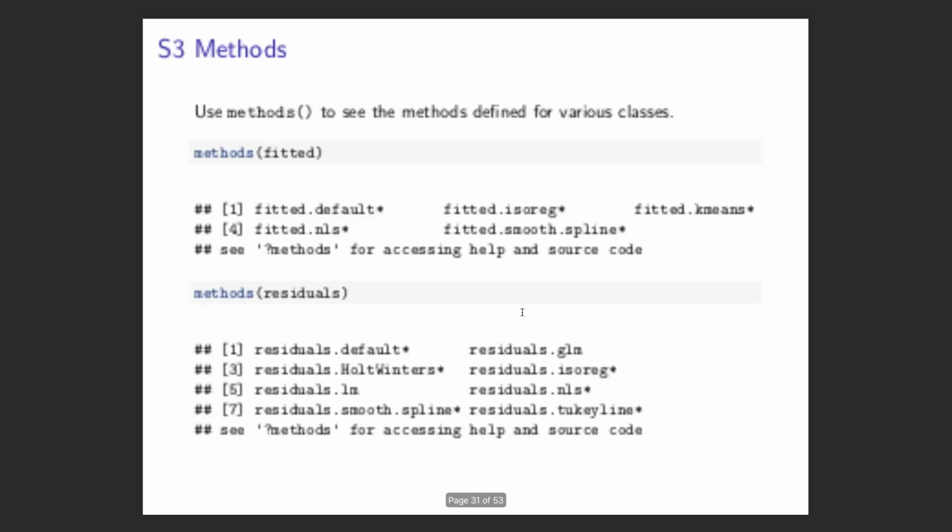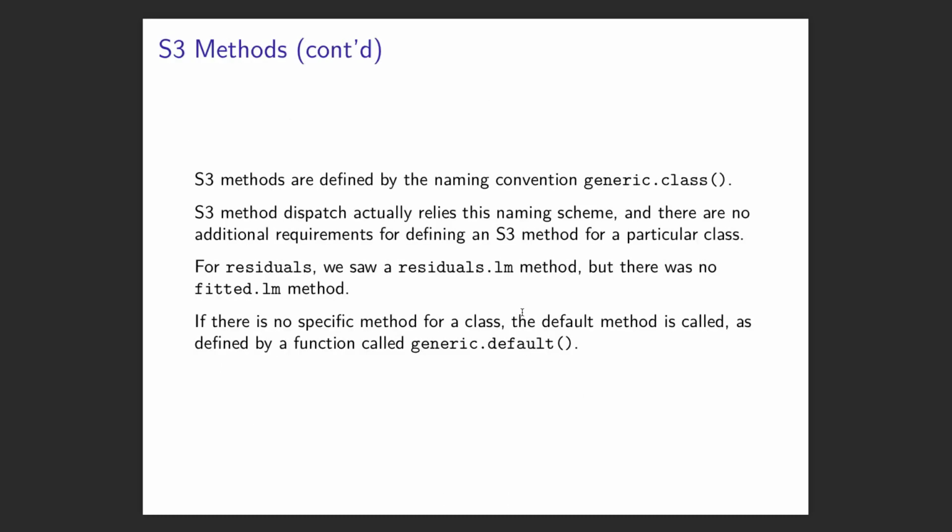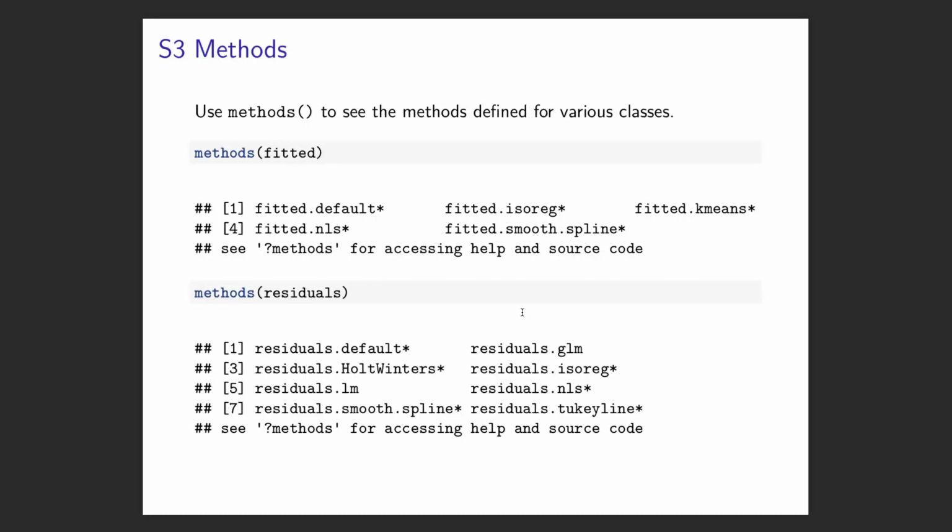So what you can kind of see from here is that S3 methods themselves are also very, very simple in that they're just defined by the naming convention, the name of the generic dot the name of the class. So all that the residuals method for lm is, is actually just a function named residuals.lm.